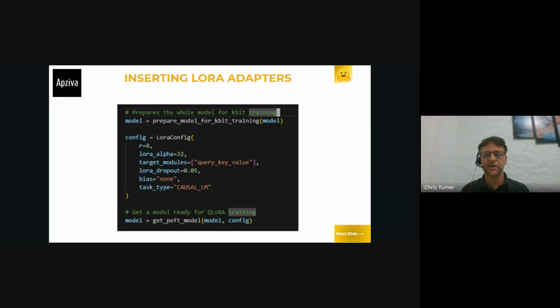And what this is doing is freezing the base weights of the model. I kind of think of it like cutting the connections of the model as it was built. And it's getting the model ready to insert these LoRA adapters, okay?